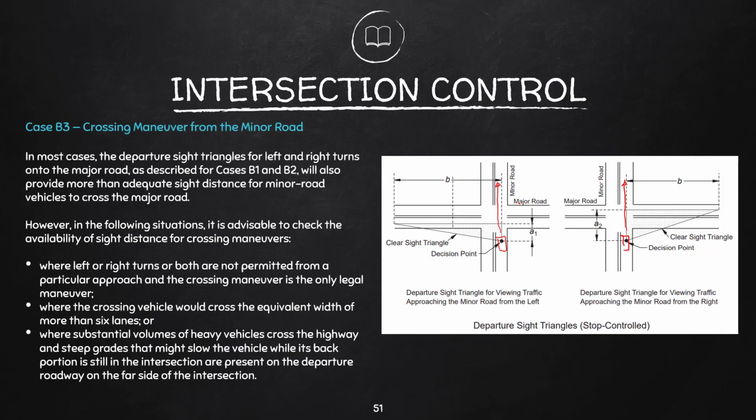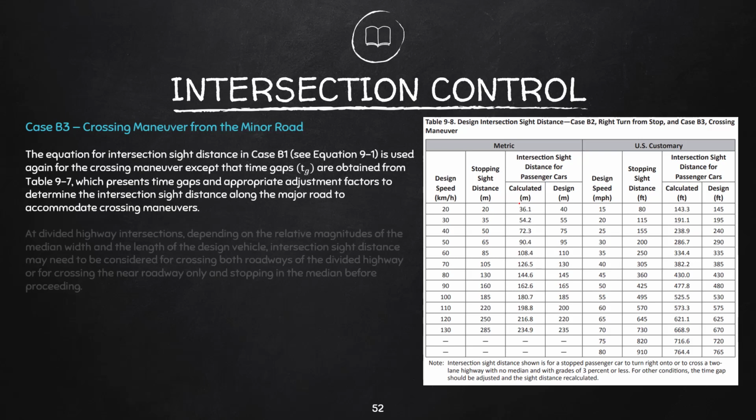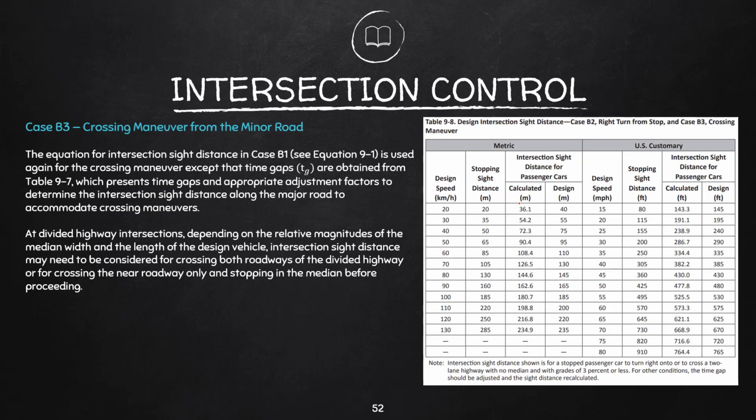Okay, so continuing, at divided highway intersections, depending on the relative magnitudes of the median width and the length of the design vehicle, intersection sight distance may need to be considered for crossing both roadways of the divided highway or for crossing the near roadway only and stopping in the median before proceeding. So you may utilize the median if that is wide enough to stop at that portion before proceeding with the crossing maneuver.